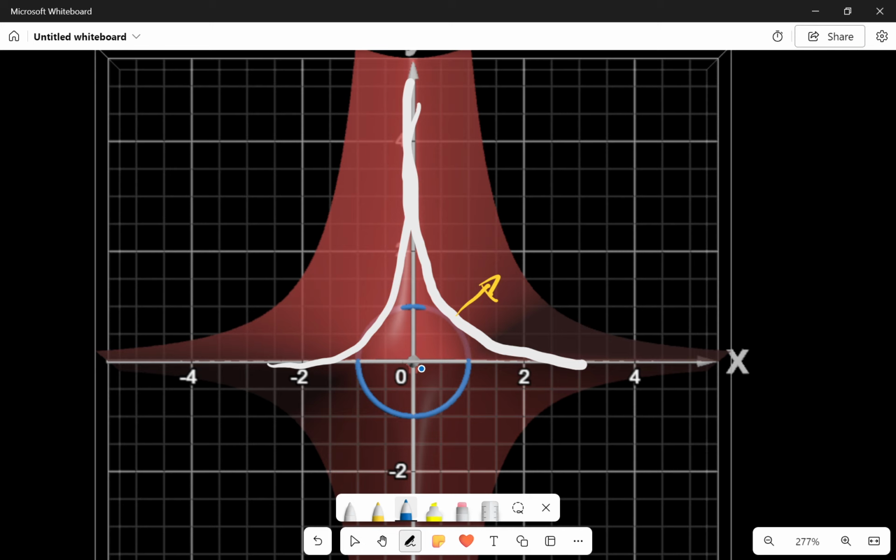The blue one's gradient also points in the same direction, but it doesn't necessarily mean they're the same length. So we can say they're proportional.